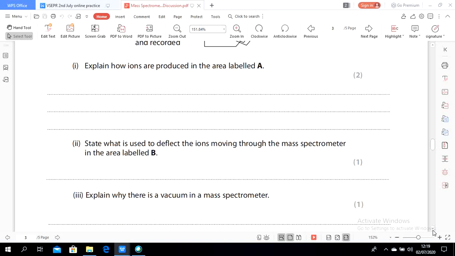So the ions do not reach the recorder, and also do not go to the amplifier, so they are not detected. So in order to have no reaction at all, no disturbances, it has to be in a vacuum.